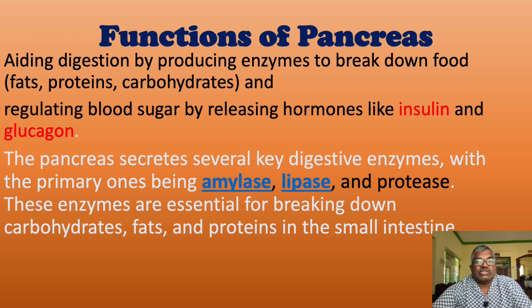When this control is not functioning well, that condition is known as diabetes. Therefore people who have diabetes take medicine. Some people take insulin injections also, which is a hormone injection, to regulate blood sugar level, because the blood sugar level will increase in the blood. That will create a lot of problems in various organs in our body.